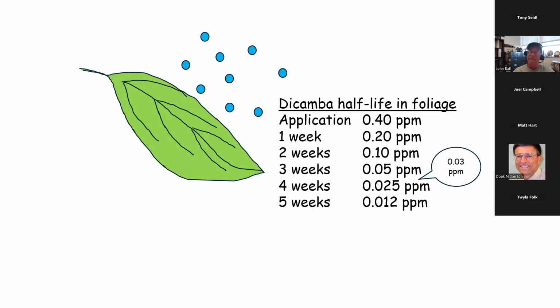A week later, that foliage is down to 0.2. 2 weeks, it's 0.1. 3 weeks, it's 0.05. 0.03 parts per million is the lowest number to which we can say, yes, the symptoms are caused by dicamba. A month later, we're at 0.025. 5 weeks is 0.01, and it just continues to drop.